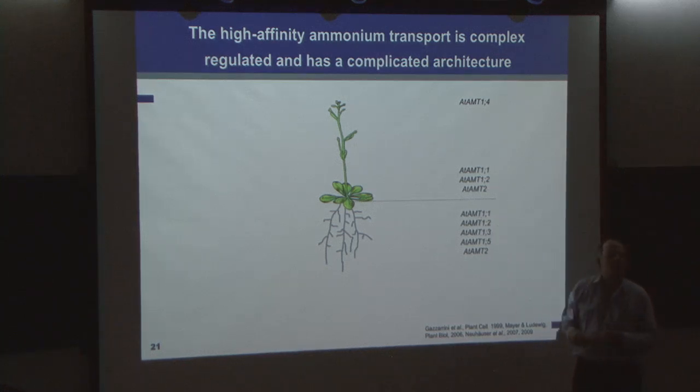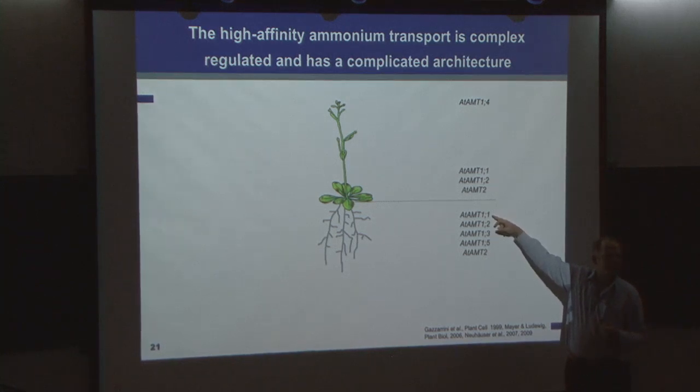When we investigate knockout mutants where this ammonium transporter is deleted, we find the plant grows normally. But when we analyze in detail, we find it takes up about 30% less ammonium via the roots. So ammonium transporter 1.1 is responsible for about 30% of uptake via the roots.